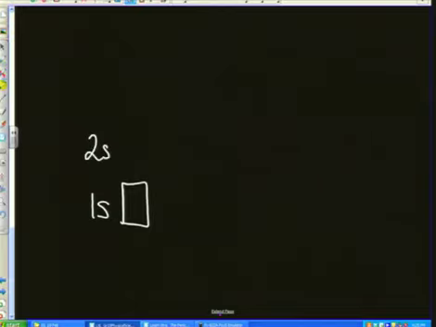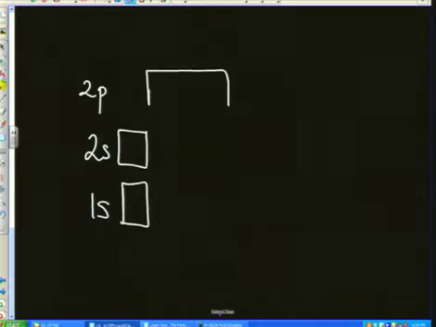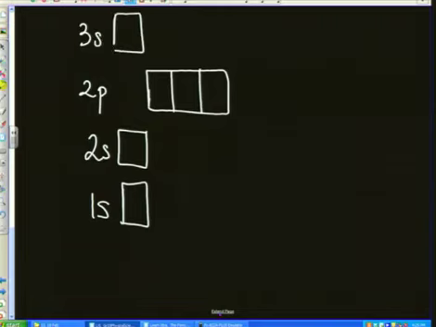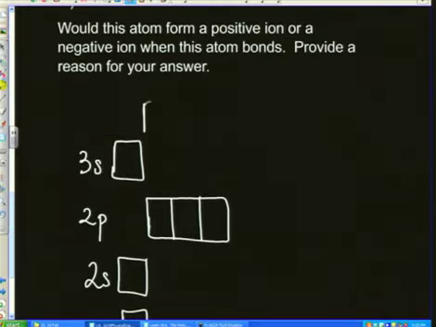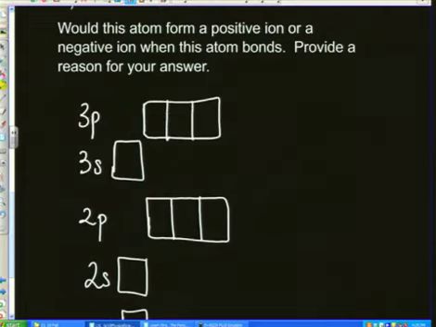Then 2s, also a little block. Next comes 2p, and we've got 3 orbitals, 3p orbitals, so there's the blocks. Then I go to 3s, and 3p, okay? These are representing orbitals.